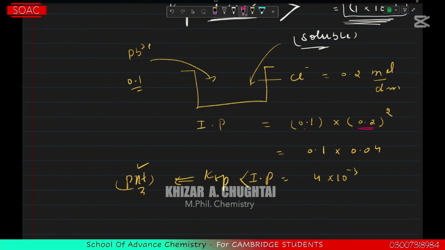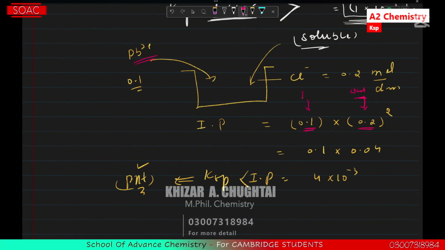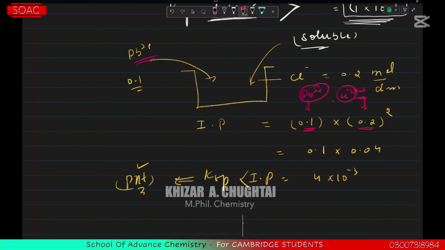Now the basic and important thing is this: these two are not the same concentration, and their sources are not the same. Cl negative ion is coming from NaCl. Lead nitrate is the source of Pb. So the sources of Pb2 positive ion and Cl negative ion are not the same, and their values are not the same.